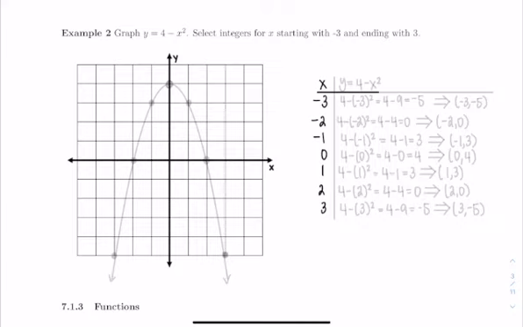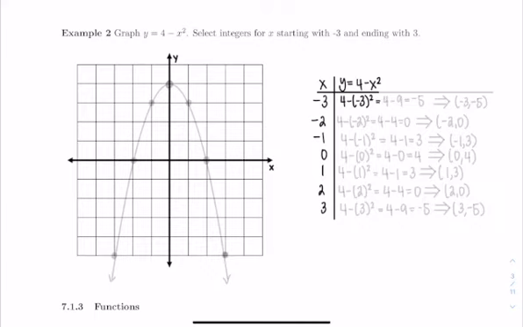Now what we're going to do is plug those x values individually into our equation, which is y equals 4 minus x squared. So let's go ahead and start. We have 4 minus -3 squared.